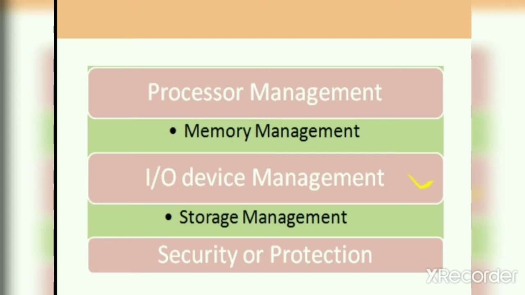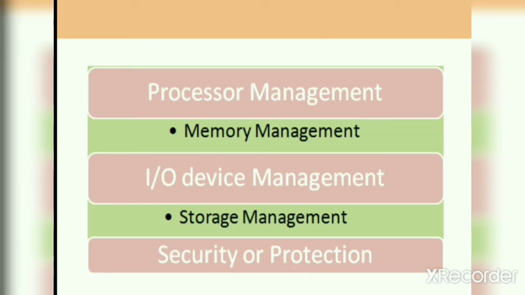Next, we'll move to I/O device management. This is also a functionality of the operating system. Examples are mouse, keyboard, monitor, scanner, printer, etc. Imagine you have one printer and two or three computers are attached to it.